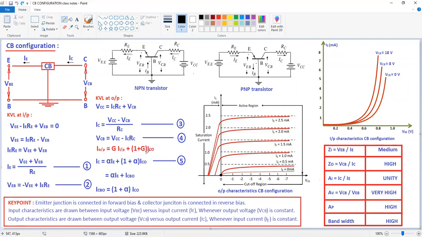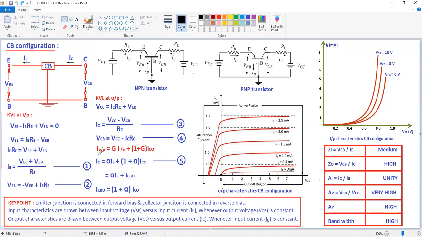Now in the case of the common base configuration, the output current is IC. The gain is represented with alpha in the case of common base, with beta in the case of common emitter, and with gamma in the case of common collector configuration. I will explain this in future classes also.